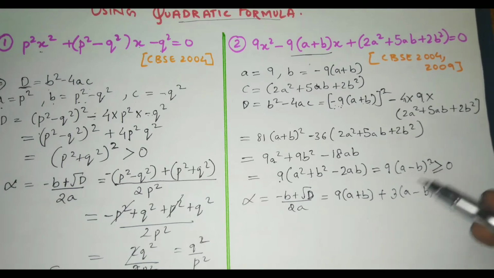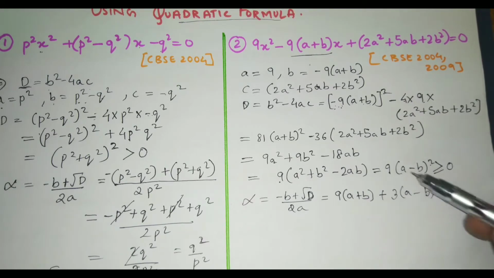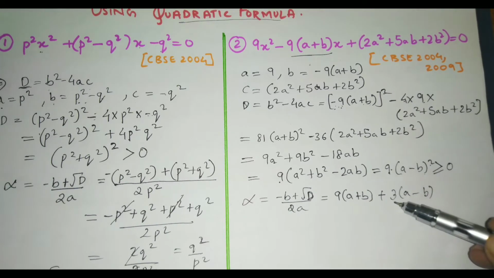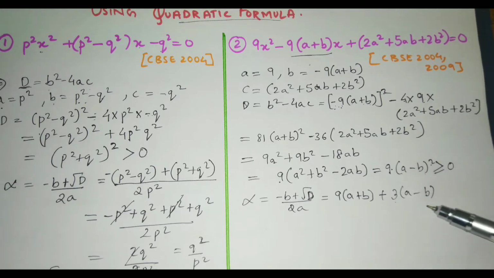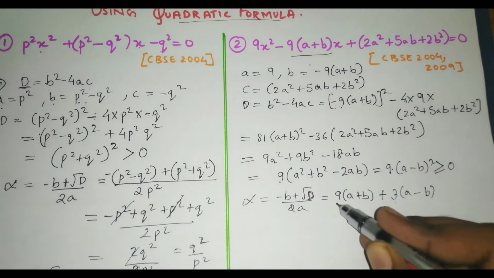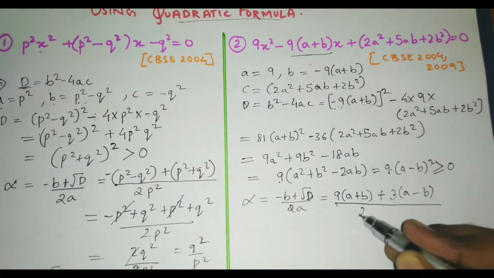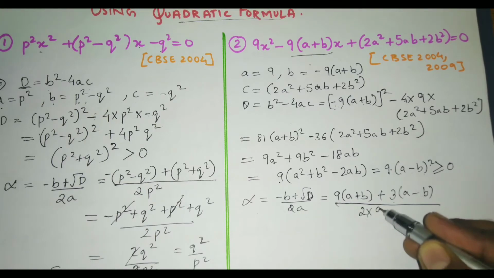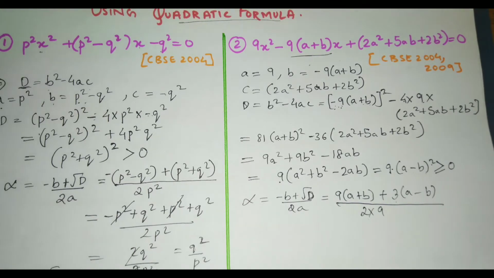The square gets cancelled when I put the square root. This is divided by 2 into a, and 2 into a is 2 into 9, so the denominator is 18.